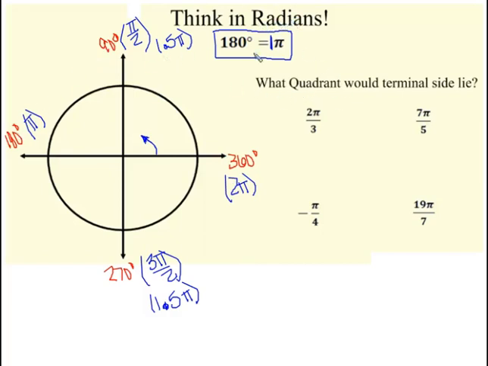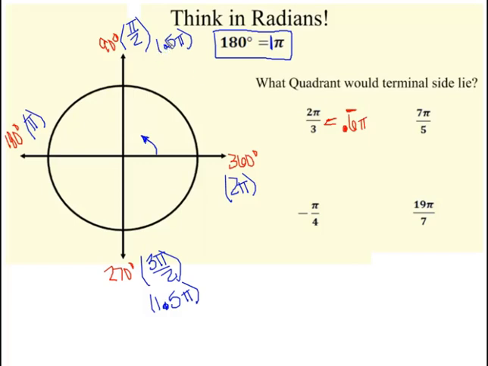So let's use radians to help us figure out which quadrant this terminal side would land in when we're dealing with an angle in radians. So let's think about 2 pi over 3. Maybe you can think about it in terms of fractions if you'd like to. Some of us might have to convert these fractions to decimals just to see it a little bit better. 2 over 3 simplifies to 0.6 repeating.